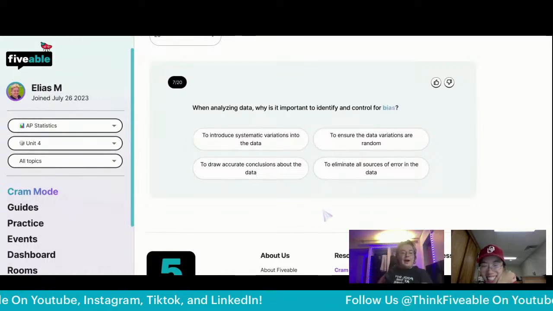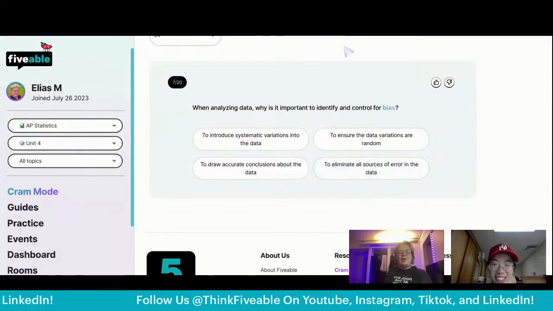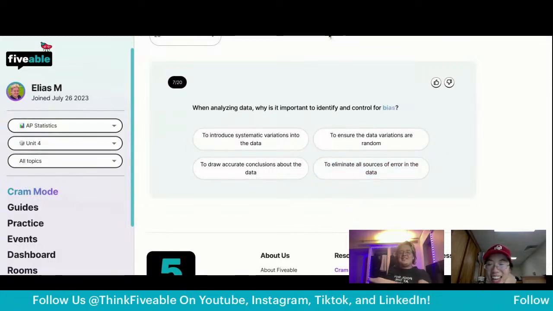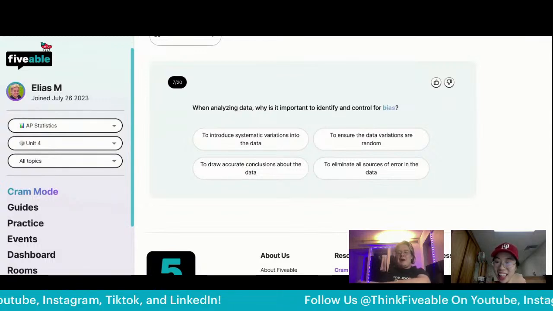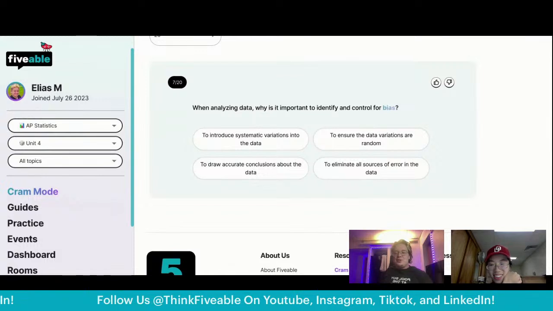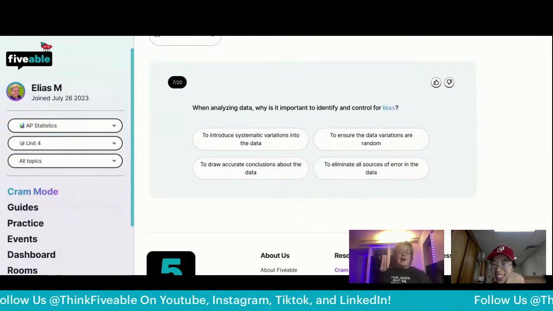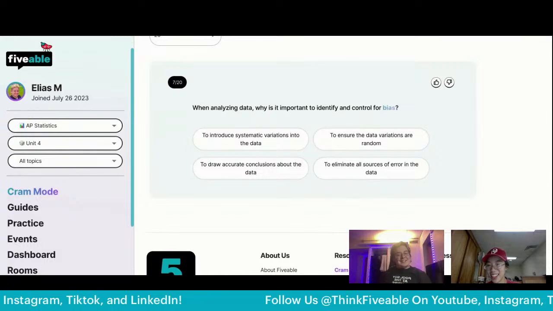We'll find out. To eliminate all sources of error in the data, every single one can be stopped just by removing bias. You spill some beans into your cup of marbles, not gonna impact anything anymore because you removed the bias.